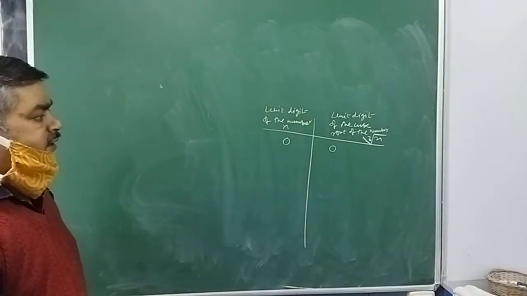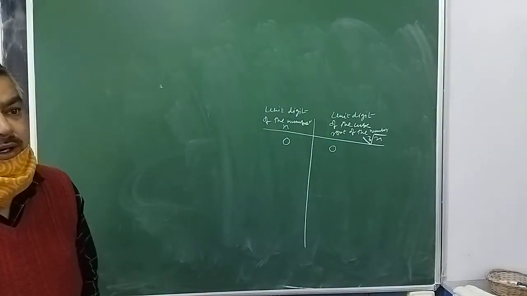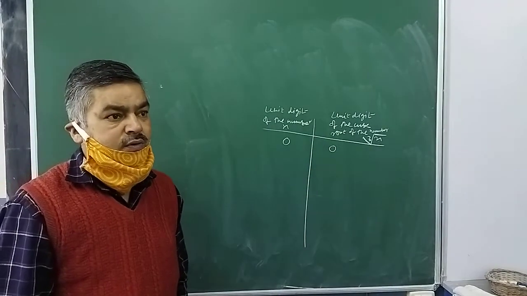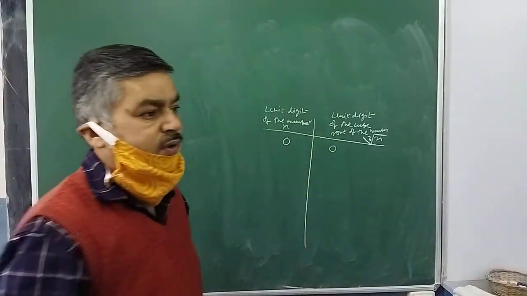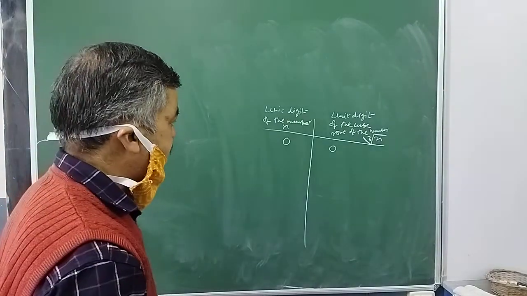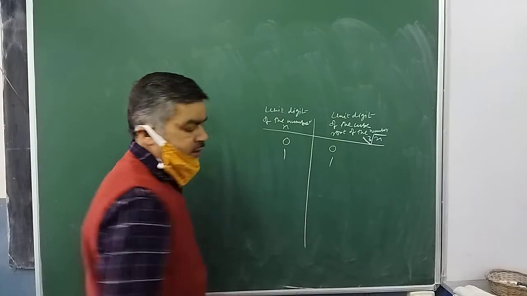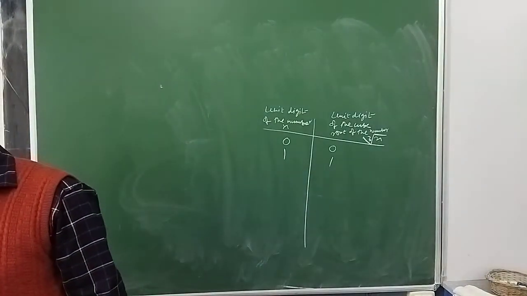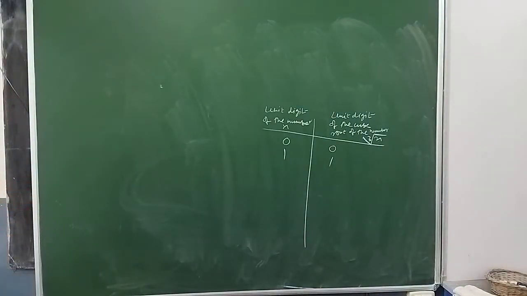For example, 10. If you take the cube of 10, it will be 10 into 10 into 10, that is 1000. So in the cube root of 1000, again 0 will be at the unit place. Then if you are starting from 1, again there will be 1, since 1 into 1 into 1 gives 1 at the units place.